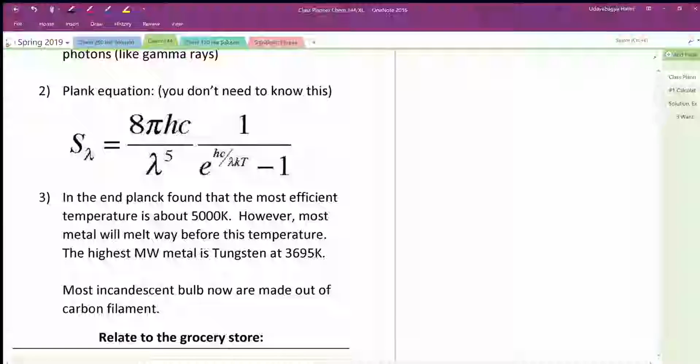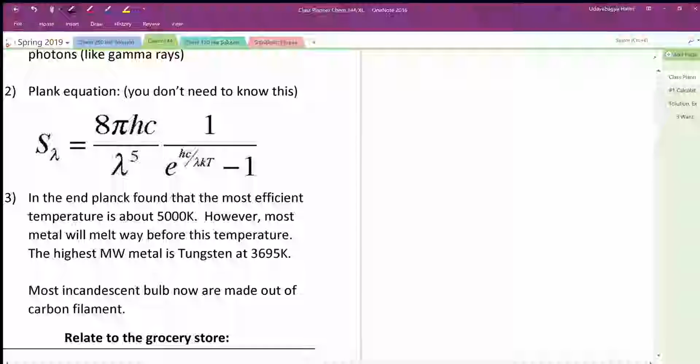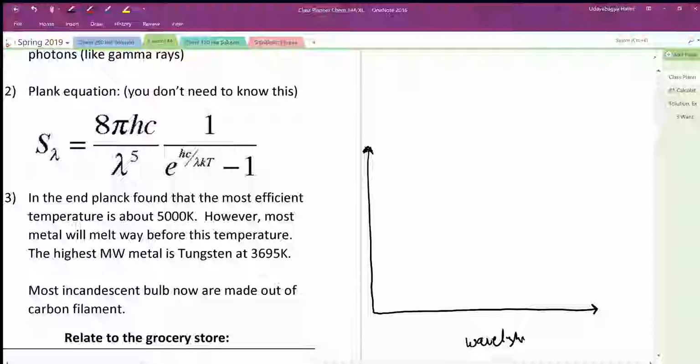What I do want you to know, at least for what I keep seeing in testing, because sometimes I do have to teach to the test a bit, is simply how to draw the black body radiation graph and how it looks. The conclusion is pretty straightforward. This axis is wavelength. If I have a hot object, I'm going to use a red color.